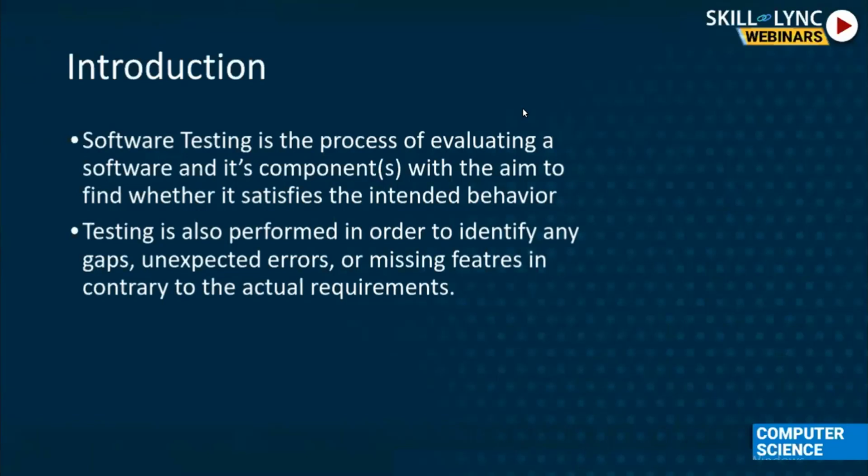So I can say that software testing is a process of evaluating the software to make sure that it satisfies all the intended behavior. When we start testing, we should know what we have to test and how we need to test. Until and unless we test, the software will not deliver the intended behavior.